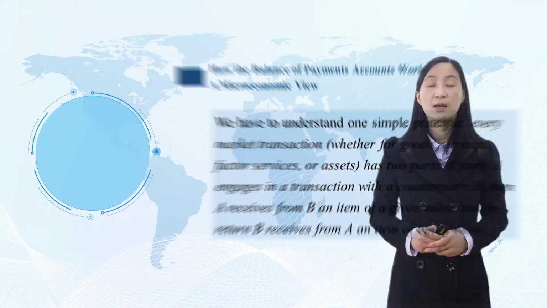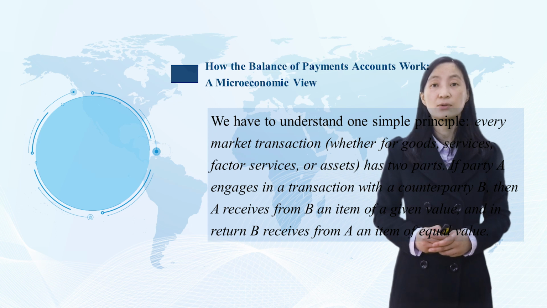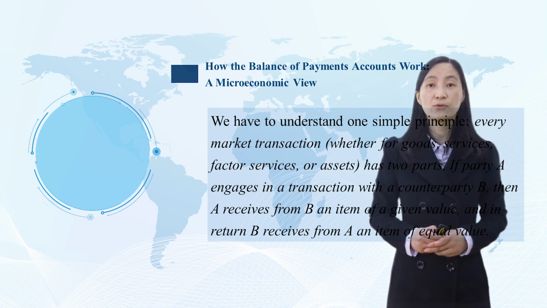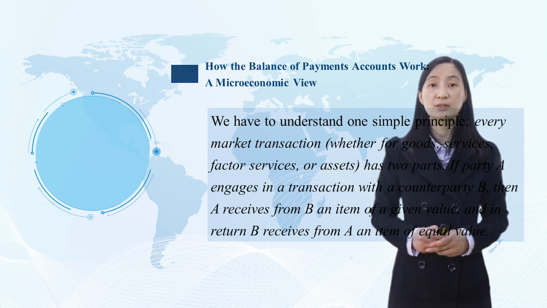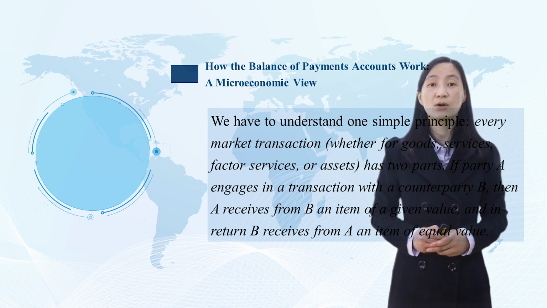Now, to see why the BOP accounts balance overall, we have to understand one simple principle. Every market transaction, whether for goods, services, factor services, or assets, has 2 parts. If party A engages in a transaction with a counterparty B, then A receives from B an item of a given value, and in return, B receives from A an item of equal value.